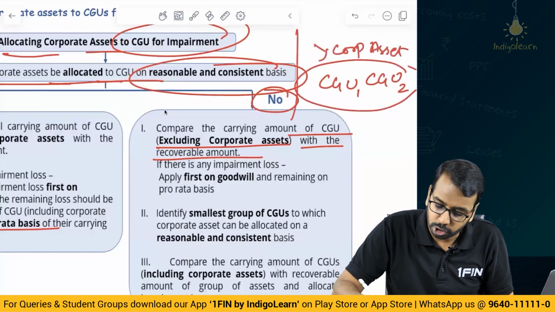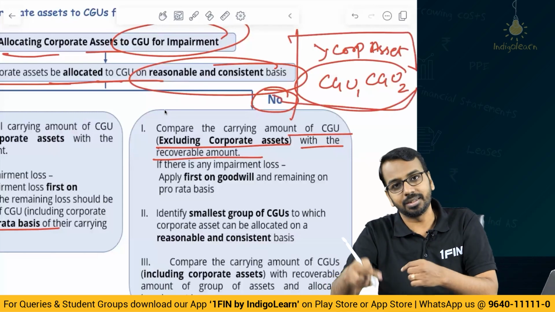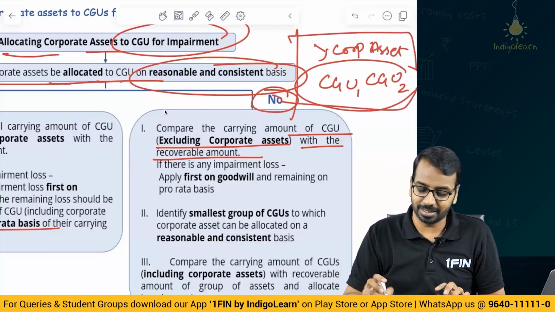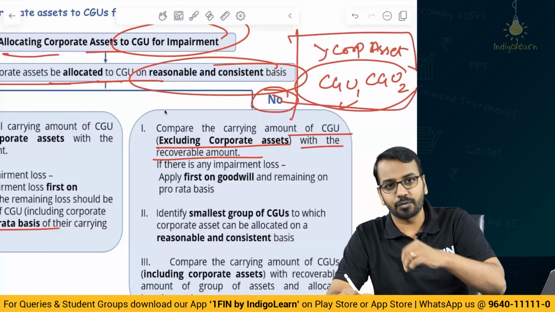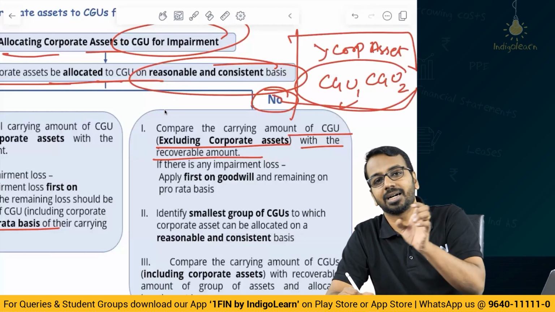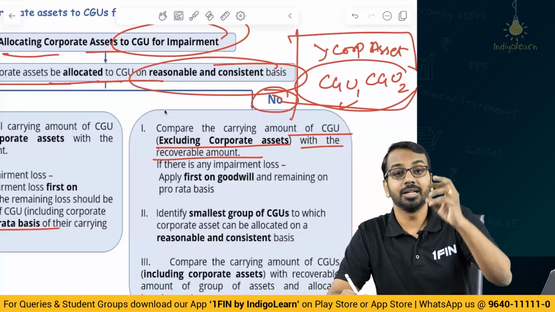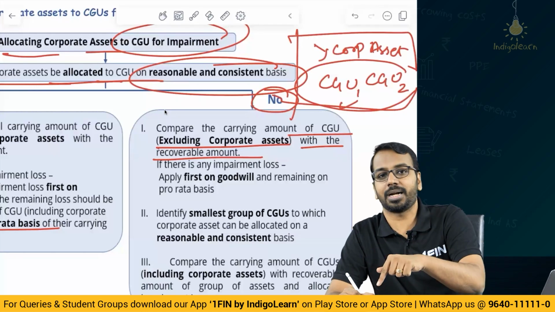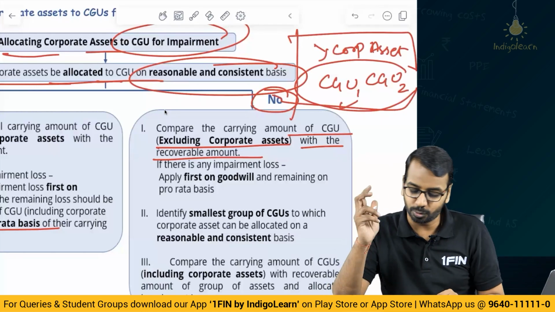After that, what you will do? You will take all of these and repeat the impairment testing exercise. So, without corporate asset, you will first calculate impairment, allocate the impairment to goodwill and other assets other than corporate asset. From the level from which you can add corporate asset, you will add corporate asset and then do the impairment testing.